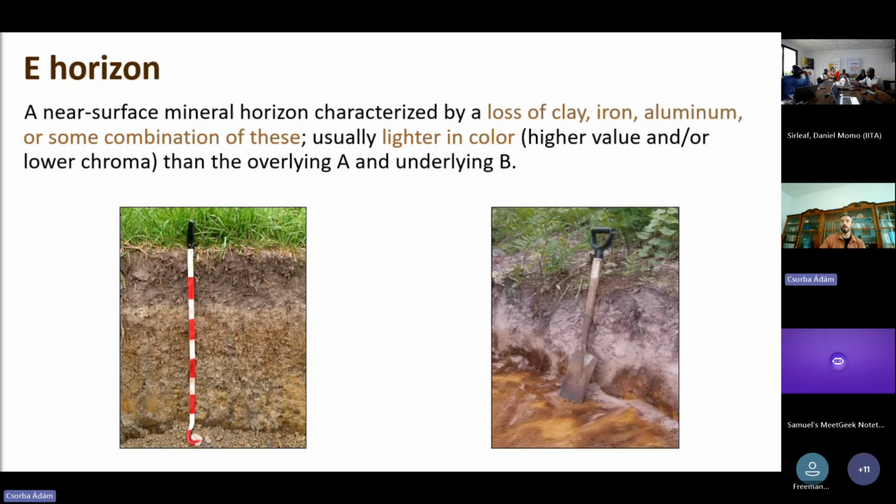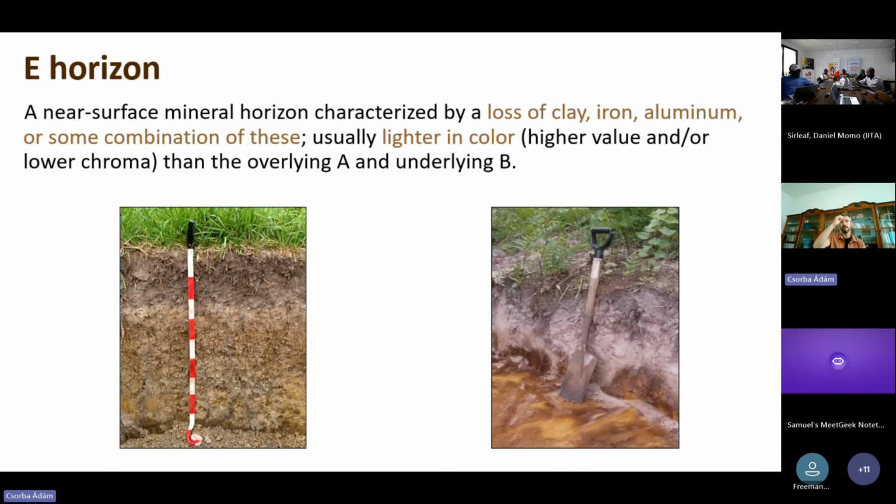This is an example of an E horizon, a very extreme example that you can see on the right side of the slide. It is a pale, grayish, colorless horizon because materials have been removed from it. For example, clays, iron, aluminium, or even a combination of these materials.